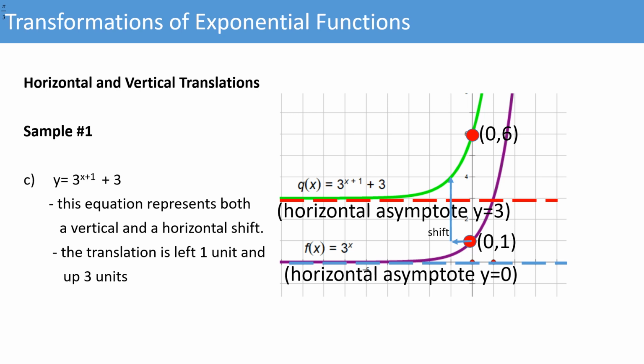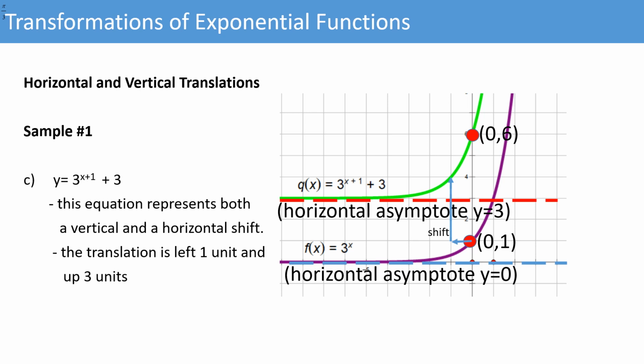Now, let's take a look at one that combines both. We have y = 3^(x + 1) + 3. So this will have both a vertical and a horizontal shift.